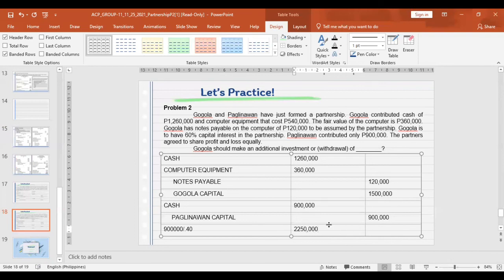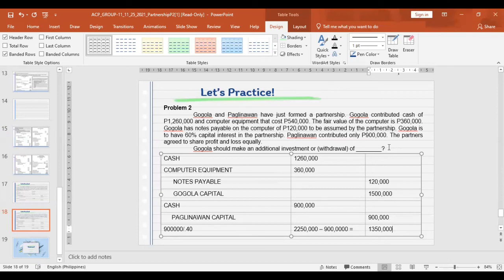2,250,000 sana yung lahat ng capital nila, represent ng 100%. So, 2,250 minus 900,000, ang natira dyan, yan lang yung dapat ibigay ni Gugula. So, magkano ba yan? 1,350. Sobra yung kay Gugula, 1,500 yung binigay niya. 1,350 lang sana yung ibibigay niya, which is 60% ng capital interest.